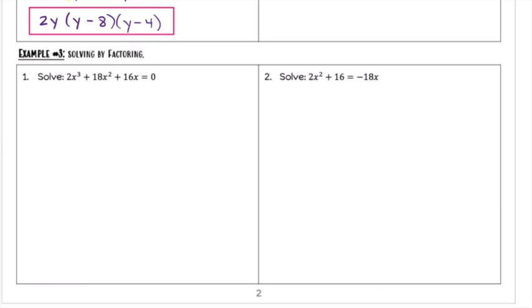So now that we looked at all the factoring processes, we can actually apply solving by factoring. So for number one, they want us to solve. First thing I want to always make sure is this written in standard form? Yes. I always want it to be equal to 0, which I already have.